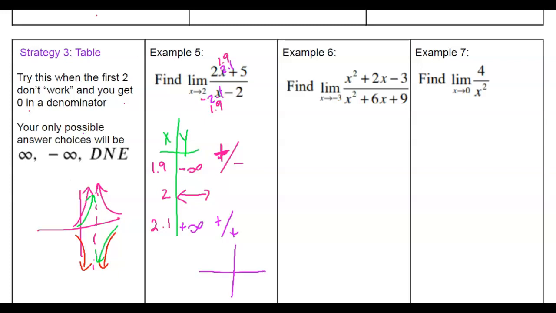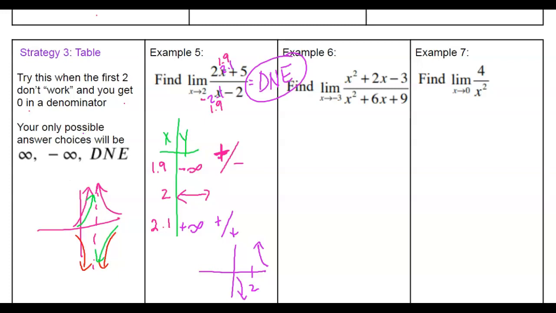So really, here's 2, from the left we're going down, and from the right we're going up. Since these two don't agree, and it's a double-sided limit, the limit does not exist, okay? So don't get bogged down in the actual values. You're just figuring out what the signs are going to be.